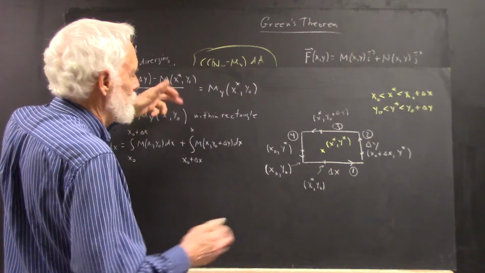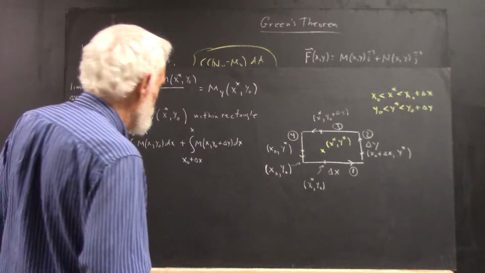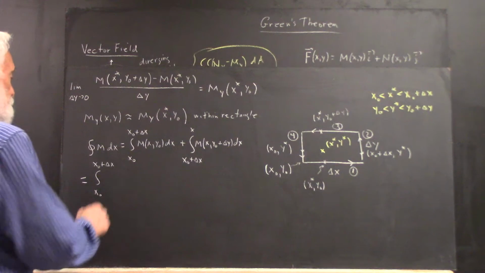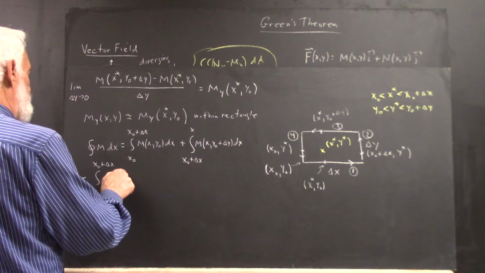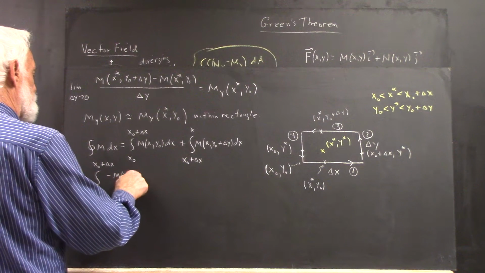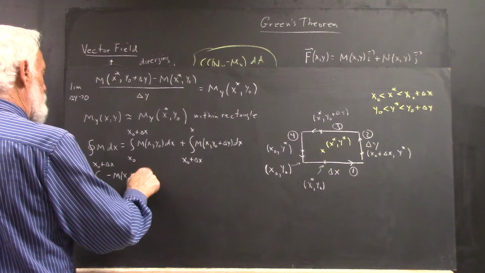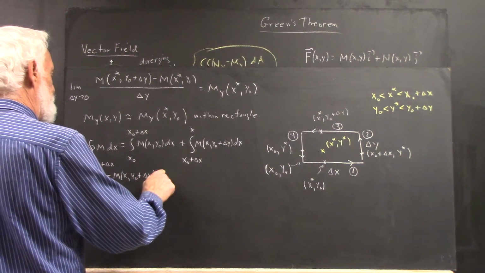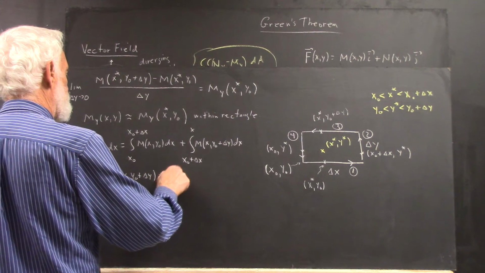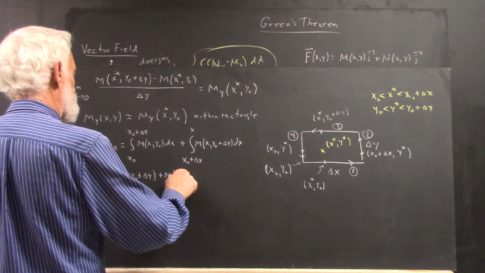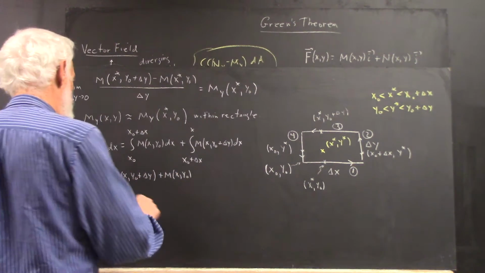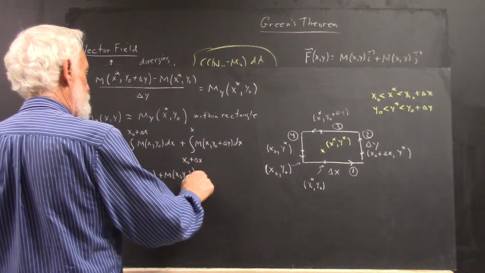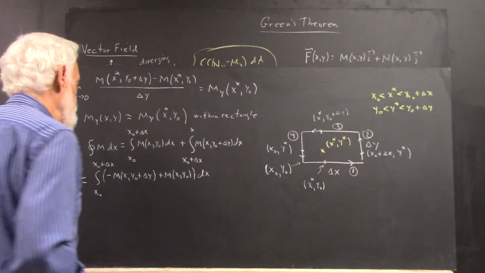Without going into detail, reversing the order of integration gives us the integral of negative m of x, y naught plus delta y, plus m of x, y naught, dx.